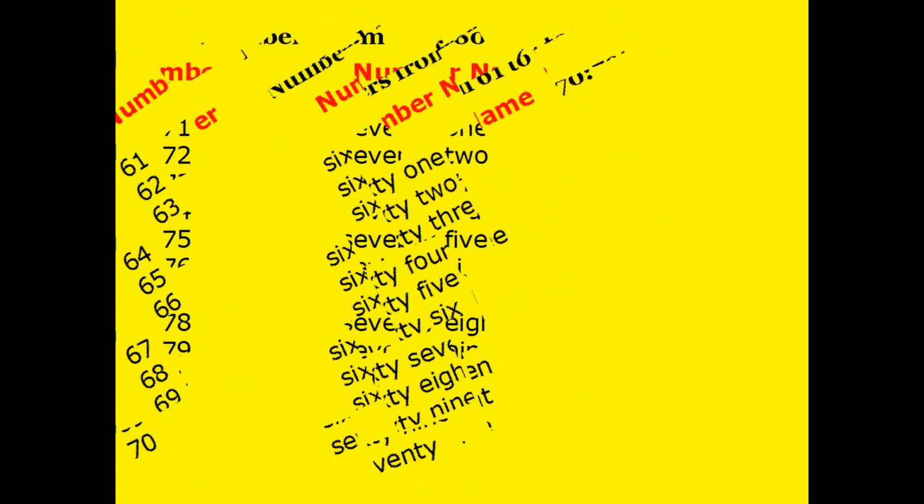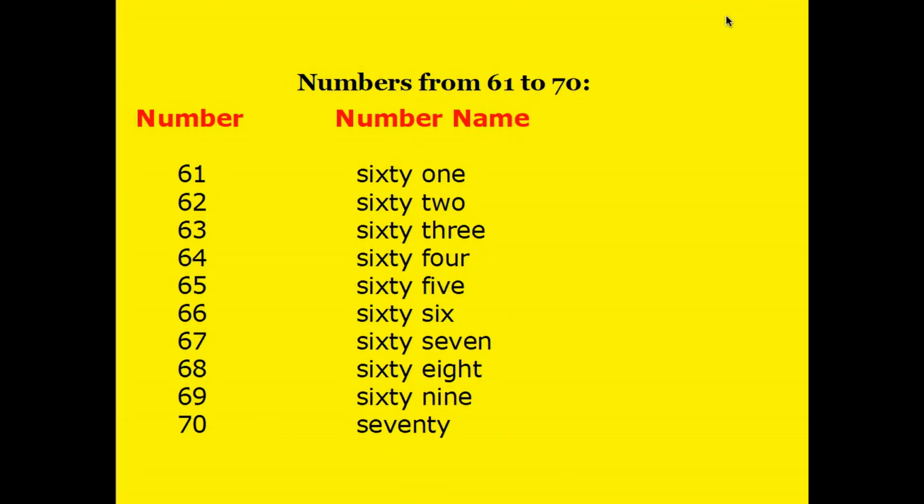So now let's see them. The first one is 61, 62, 63, 64, 65, 66, 67, 68, 69, 70. These are numbers with their names from 61 to 70.